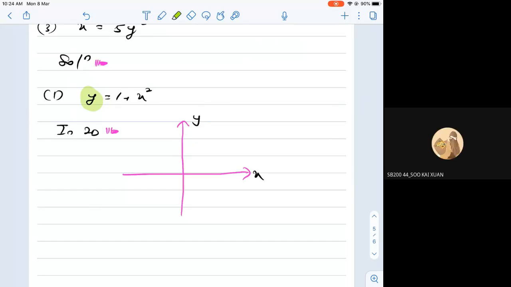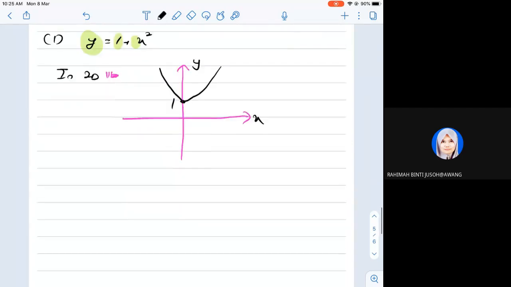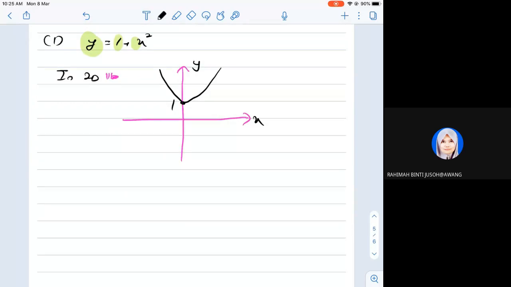Sebab so it should be upward or downward? Upward, yes. Because positive here. And then satu lagi you tambah 1 kan? So saya dah ajar last week. Ni kita punya lukisan parabola 1. Okay, now in 3D, okay, kita dah dapat bentuk gambaran dia. Okay, dia 2D dia macam tu.